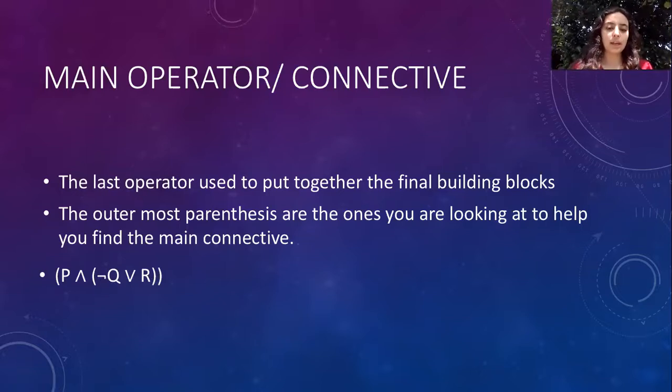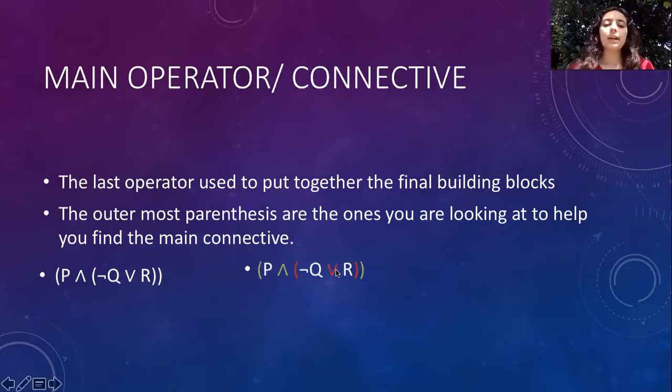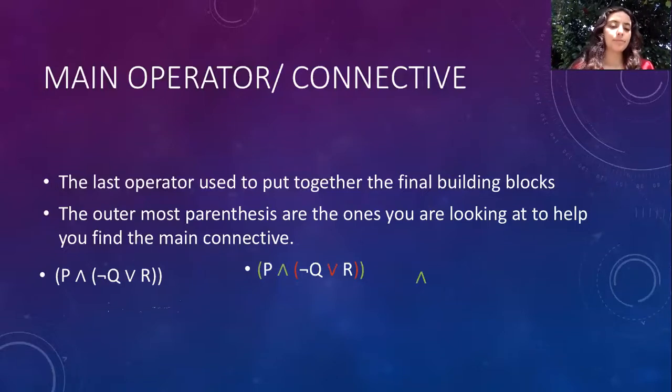If you didn't quite get it, let me show you using colors. The red parenthesis is covering the disjunction. And then the conjunction is our main operator because that has the final parenthesis on the outside. So the conjunction is our main operator.